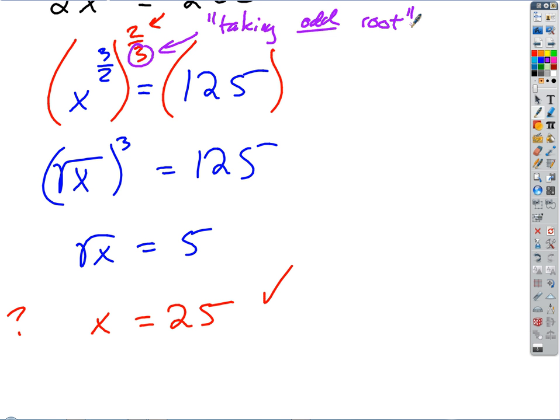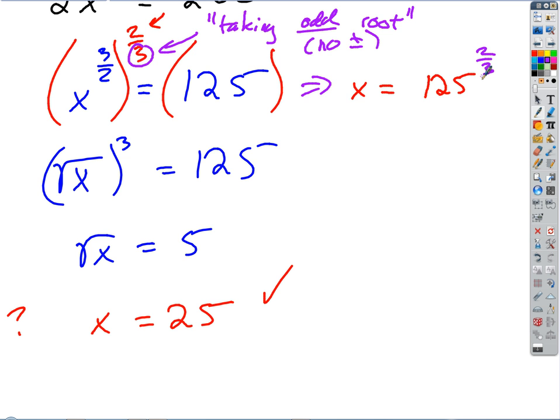When we take an odd root of both sides, do we include a plus or minus? No, we don't. So if I get this answer, this just tells me that x equals 125 to the 2/3, no plus or minus.